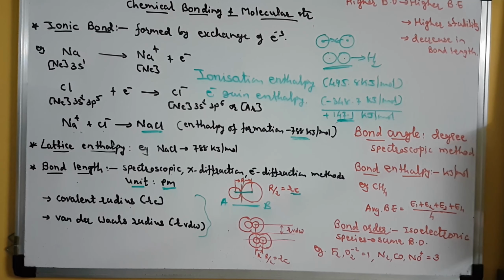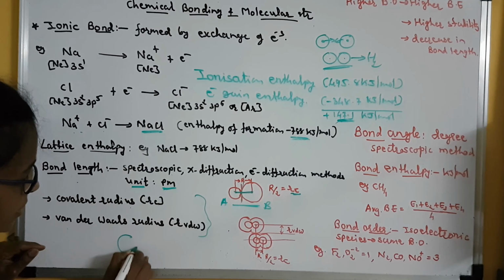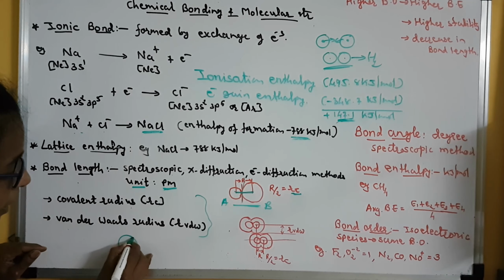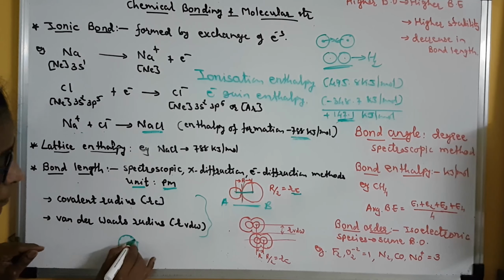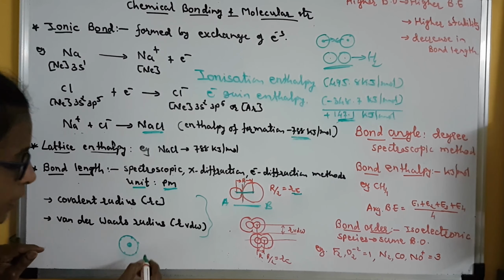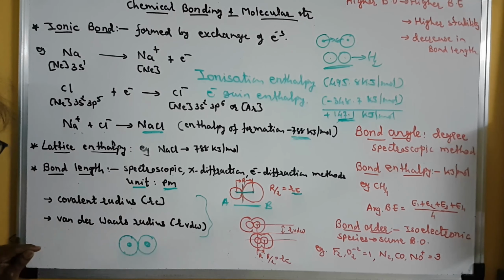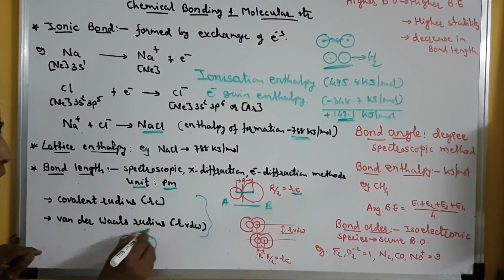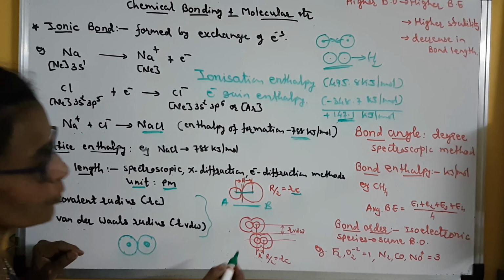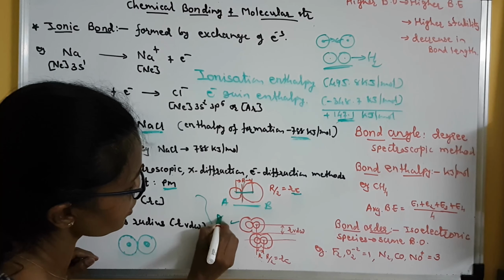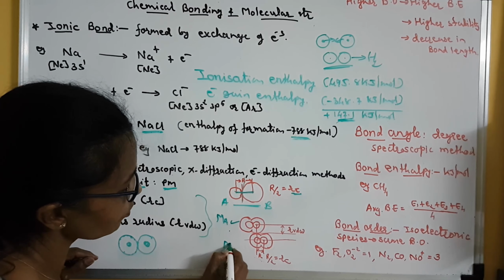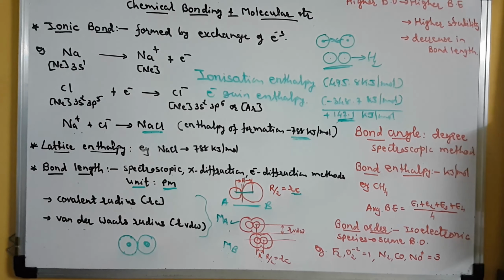Then what is van der Waals radius? Now, generally a van der Waals bond is formed when the electrons present on the surface or periphery of one atom or molecule are attracted by the nucleus of another atom or molecule. So this attraction is called van der Waals attraction. Clear? So now we will talk about van der Waals radius. Suppose this is molecule A and this is molecule B, Ma and Mb.